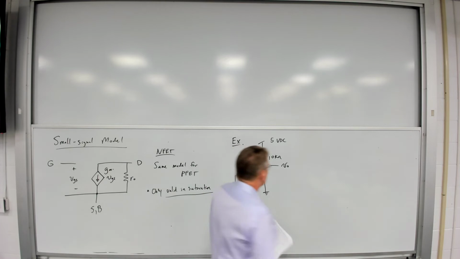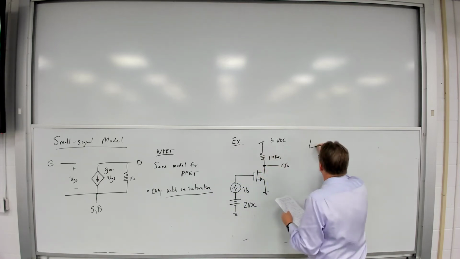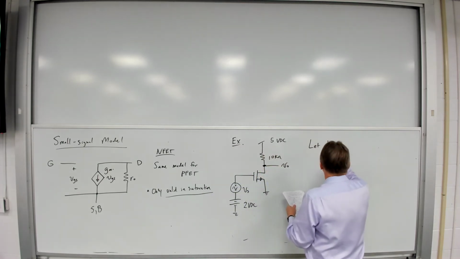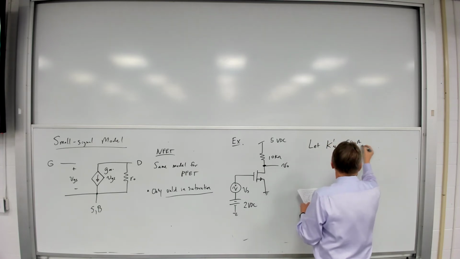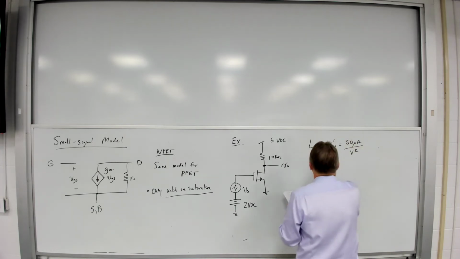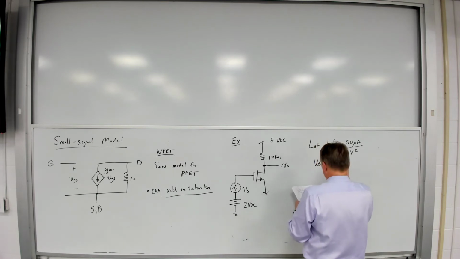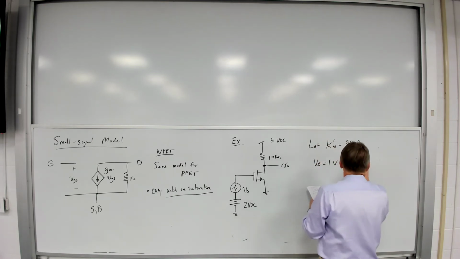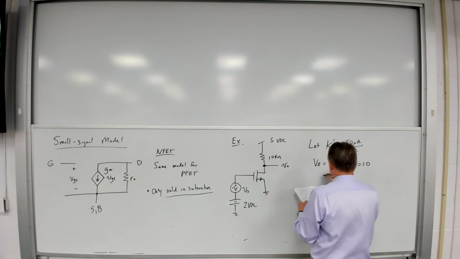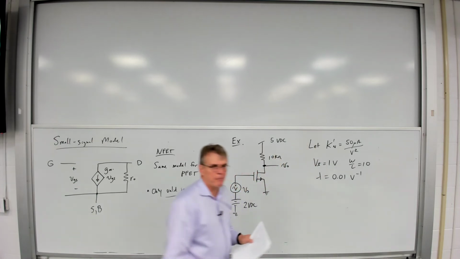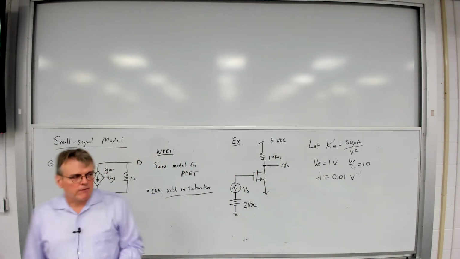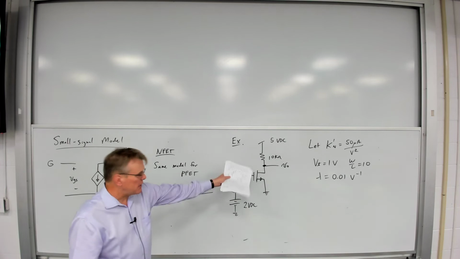Okay, so given this, let's assume that K prime N is equal to 50 microamps per volt squared, V sub T is 1 volt, W over L is equal to 10, and lambda is equal to 0.01 inverse volts. Since this is an amplifier, I want to find the amplification factor.